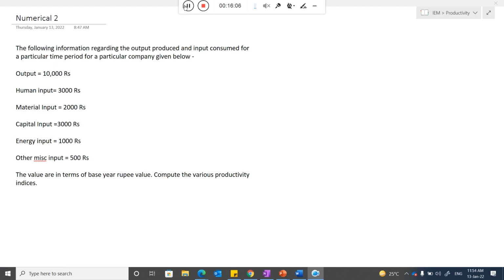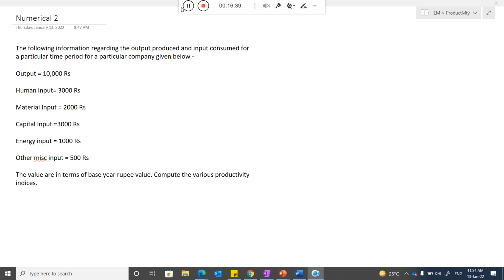The output is 10,000 rupees, the human input is 3,000 rupees, and the material input and the capital input, energy and other miscellaneous inputs are all given in terms of rupees. The values are in terms of base year rupee value, and you need to compute the various productivity indices. Indices means you need to calculate the partial productivity measurement for each individual input.